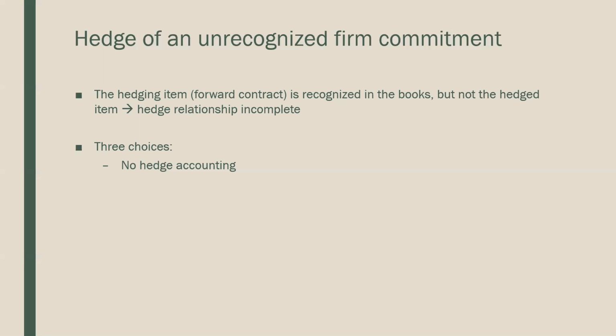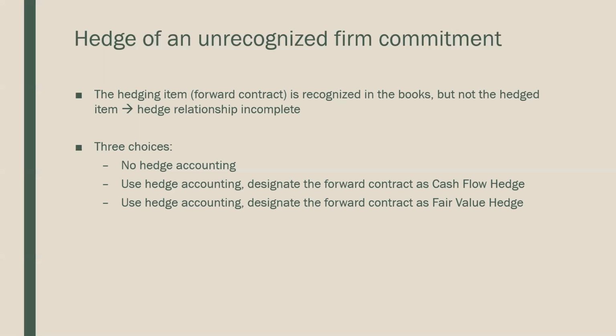The company can use hedge accounting and designate the forward contract as a cash flow hedge. If they do that, then any gain or loss on the forward contract is recorded in other comprehensive income. Or they could use hedge accounting and designate the forward contract as fair value hedge, in which case the gain or loss goes through something called a commitment asset or liability.